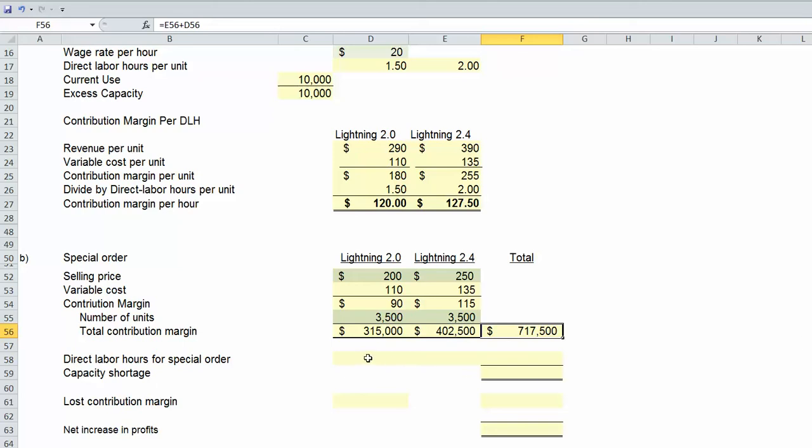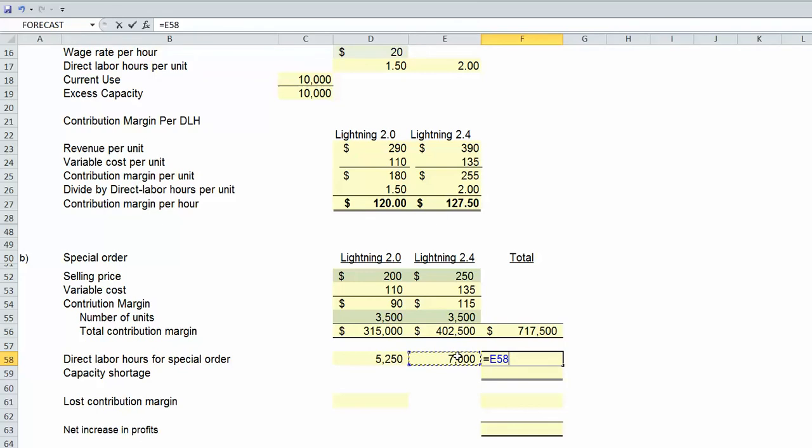Let's go ahead and calculate the direct labor hours required for this special order. 3,500 units times 1.5 hours per unit for the Lightning 2.0. 3,500 units times 2 hours per unit for the Lightning 2.4.